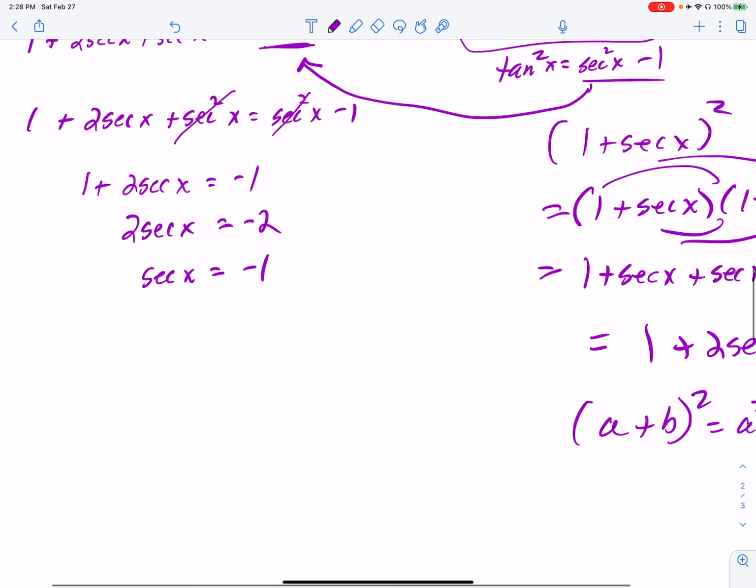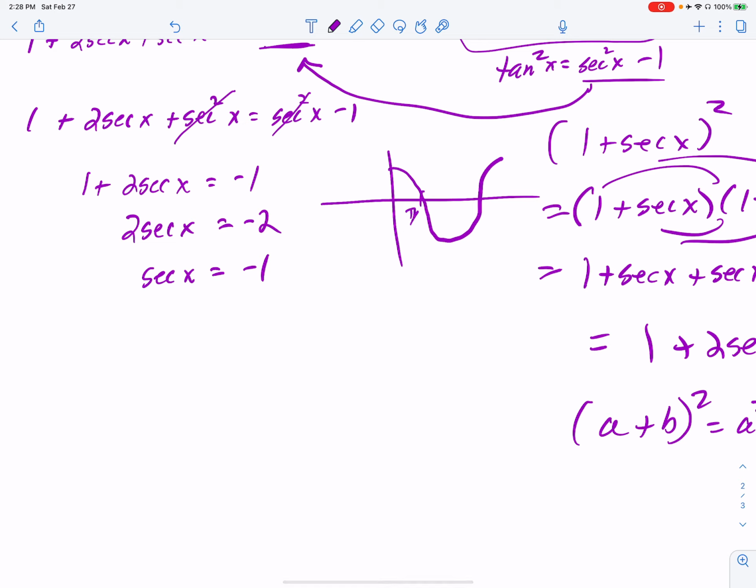Well, secant is the reciprocal of cosine. And if you think back graphically to cosine for just one period, here's pi halves, here is pi, here's 3 pi halves, and then we're back at 1 at 2 pi.